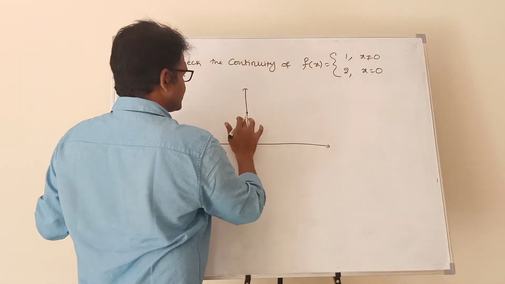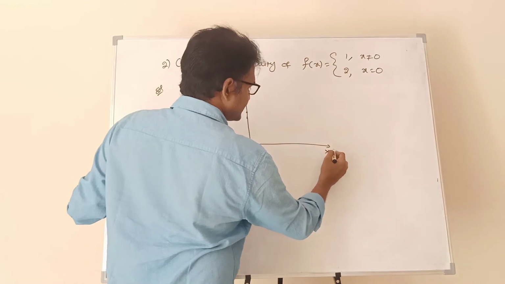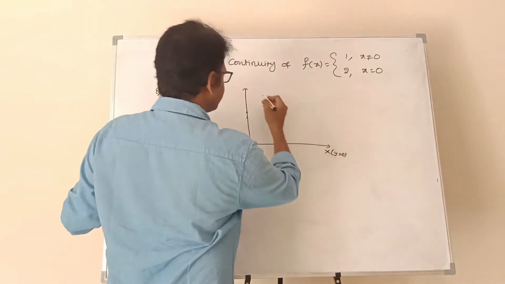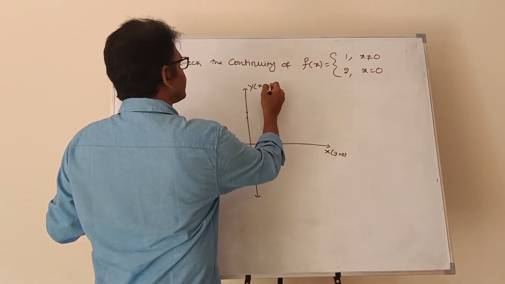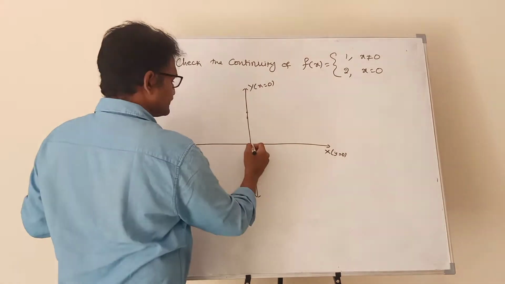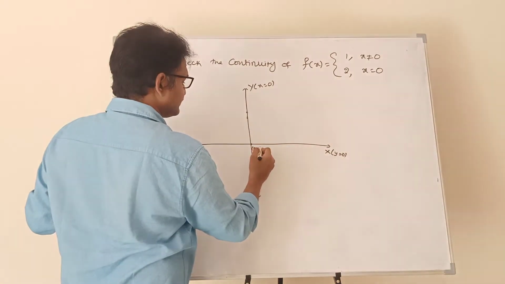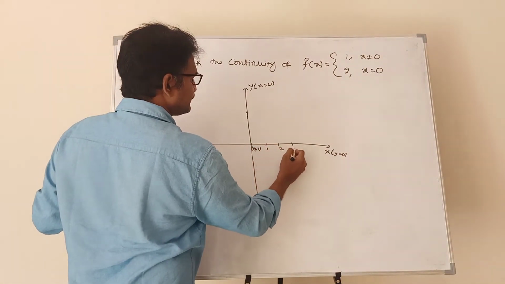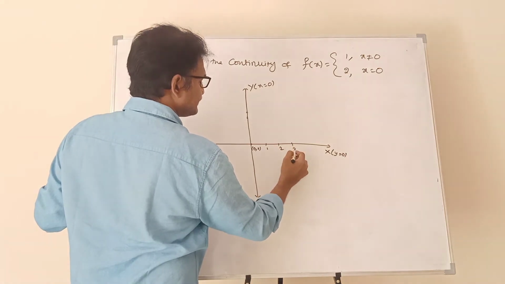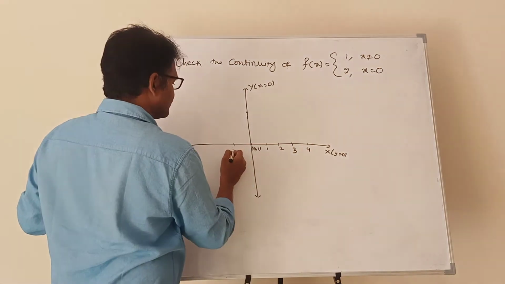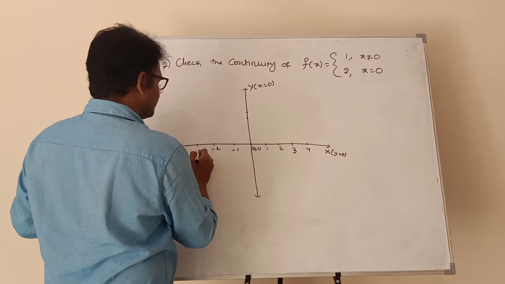So this is the x-axis. The equation of the x-axis is y equal to 0. The equation of the y-axis is x equal to 0. This is the origin. X value is 1, x value 2, x value 3, 4. X value minus 1, minus 2, minus 3.